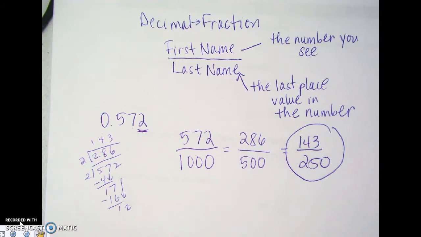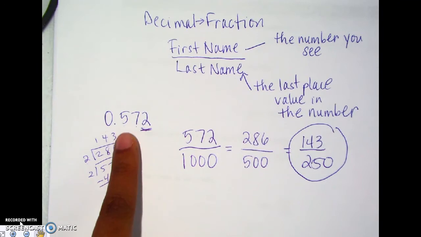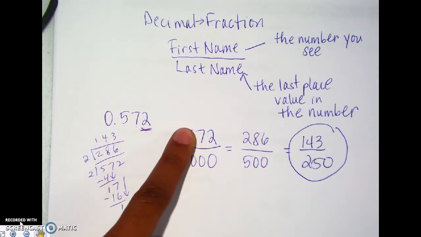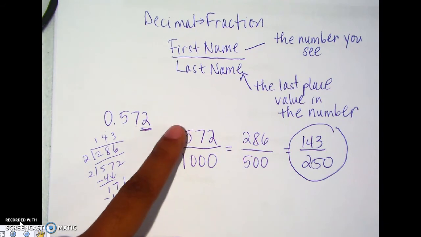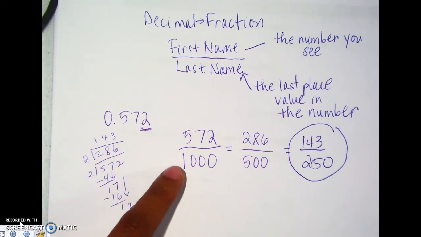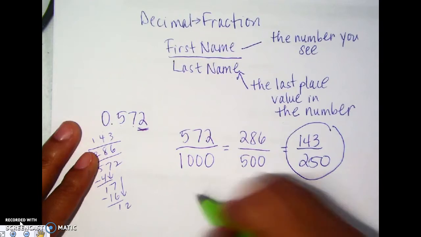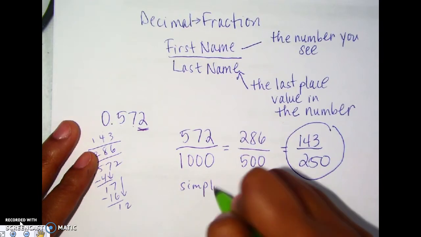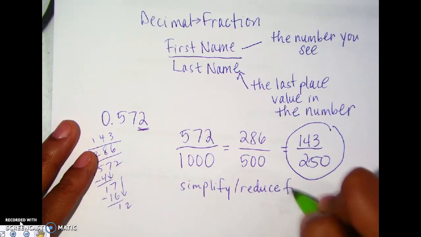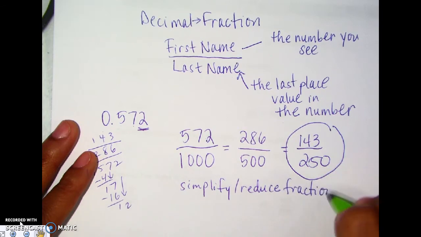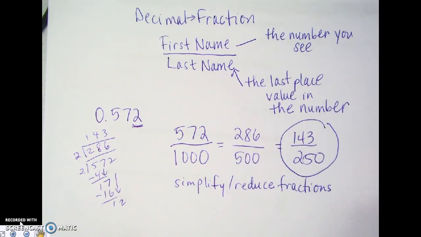So again, make sure that whatever the number is, I don't care if there is like an 8, a 9, a 7, you write all those digits up in the numerator, and then you look at the last place value, put it down at the bottom, and then you must again simplify or reduce all fractions. When I was doing my grading last night, the one thing I saw is some people are not simplifying and reducing the fractions, so be very careful with that.